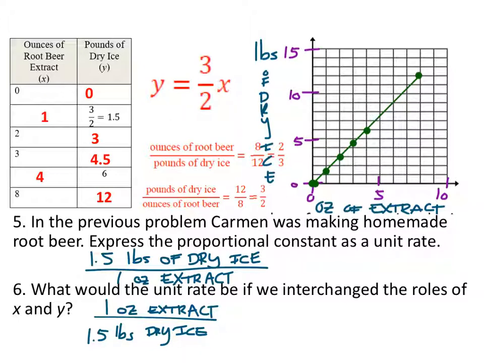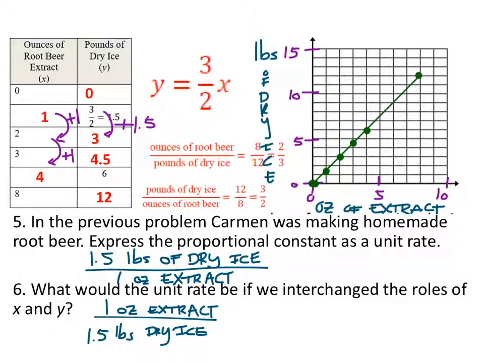Let's look at rate of change a different way as well. So if we were to look at this as a unit rate, then I would be looking at the table. For example 1, if I added 1 ounce of root beer extract to get the 2 ounces, then I would have to add 1.5 pounds of dry ice, which would give me 3 pounds. Well, if this remains constant, then it is the unit rate.